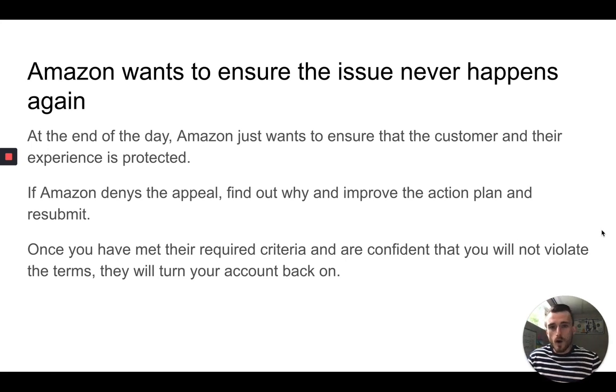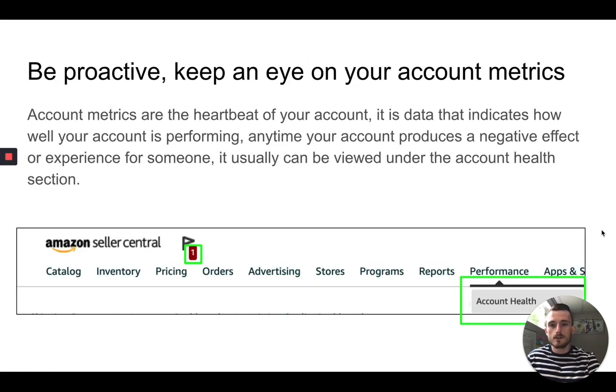Once you've met the requirements, they will turn the account back on. If for some reason your plan of action doesn't meet the requirement right away, just take it and revamp it. If they give you any suggestions, be sure to include those suggestions and then try again.